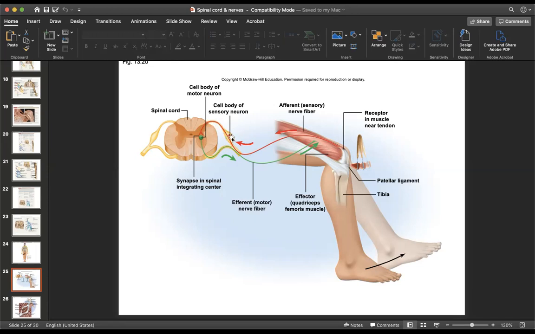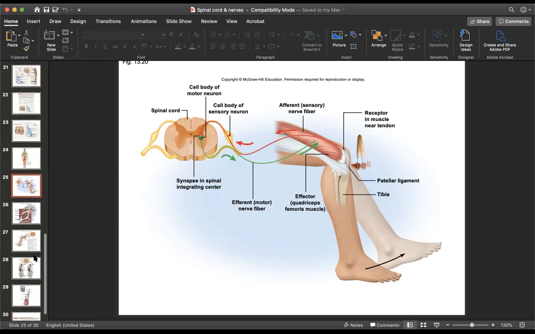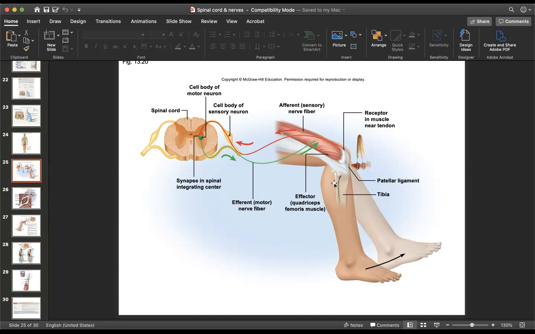The short axon of that goes to the gray matter of the spinal cord and synapses with the motor neuron and carries out to the ventral root and causes that quadricep muscle to contract in response to that stretch. And that right there, that patellar reflex, is one of your simplest, what's referred to as a monosynaptic reflex. You only have one synapse. Others have interneurons, but this one is one of the simplest.